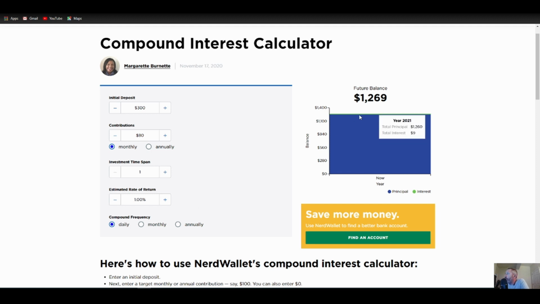Now, I don't know how this computer came up with the calculation of $1,269. However, if you're able to achieve $1,269 in account growth off a $300 initial deposit, that is phenomenal. You've essentially 4x'd your account, which is not easy to do inside of a year.